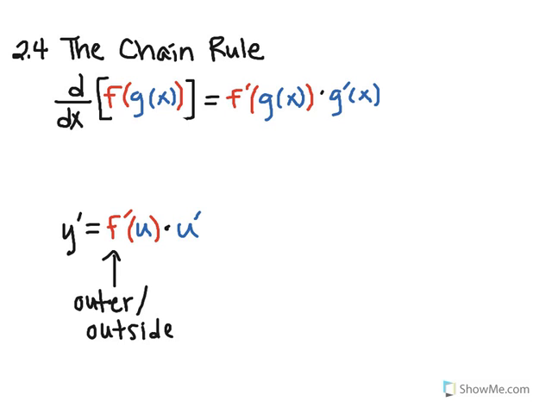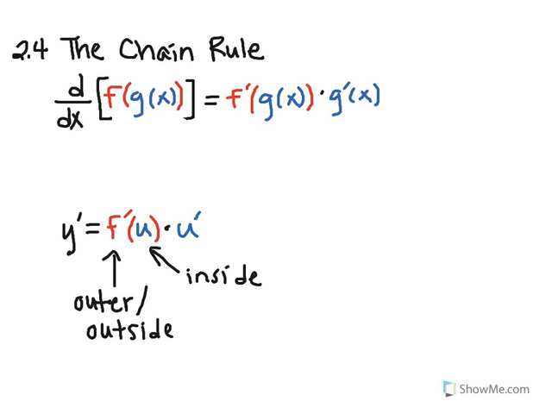And the u part is considered the inside part. So I'm going to first derive whatever my first function is, just like I normally would. And then I'm going to multiply the entire part by whatever the derivative of u is, whatever I'm taking my function of.